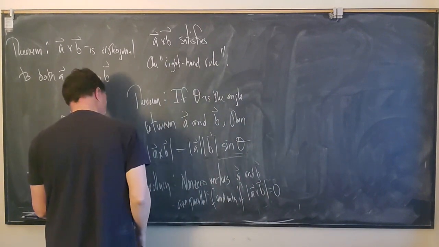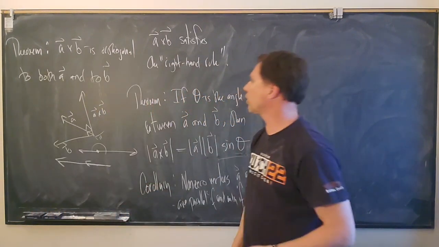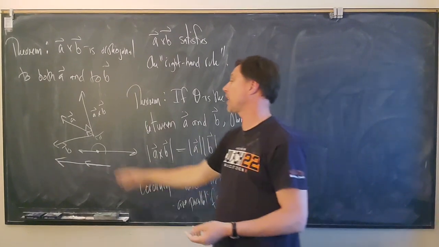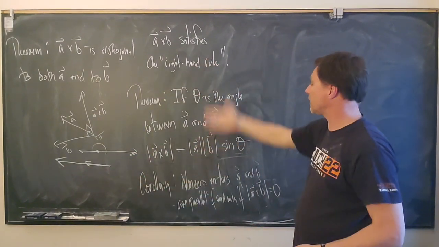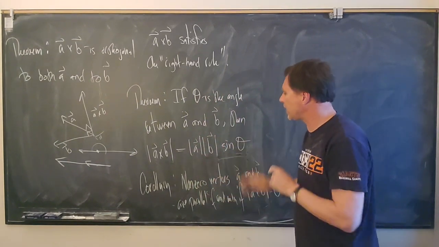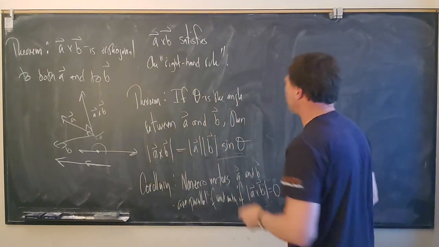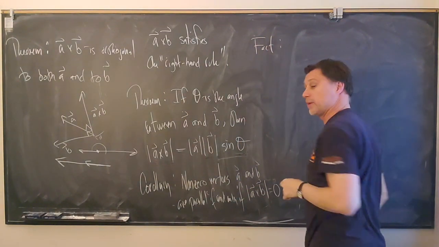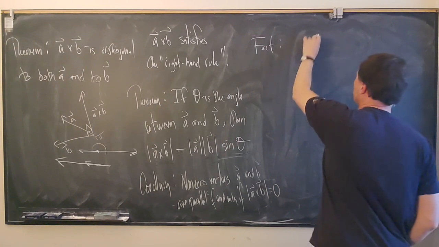Now, okay, so what do we have now? The cross product is a vector that's orthogonal to both A and B, satisfying the right-hand rule, and also satisfying this geometric formula, but I want to make it even more geometric, and so I'll just write this as a fact. You can do a little bit of trig to verify this.